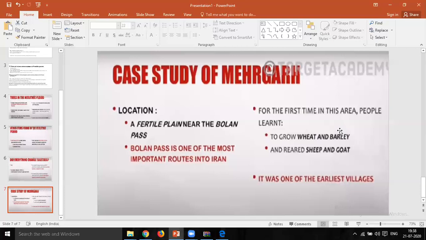Several things were brought from great distances: flint from Syria, cowries from the Red Sea, and shells, like what we call shankh, from the Mediterranean Sea, and used in the settlement.